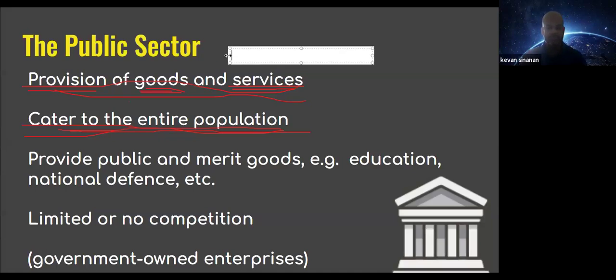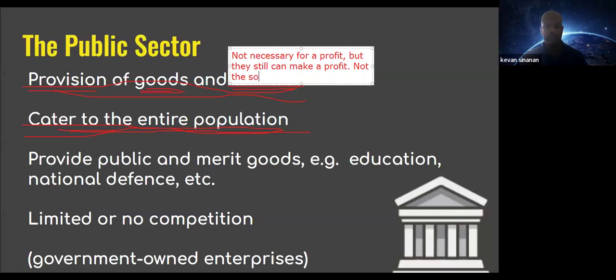Public sector is not necessarily for profit, but they still can make a profit. It's not the sole purpose. That's the point I was trying to make: not the sole purpose of a profit.